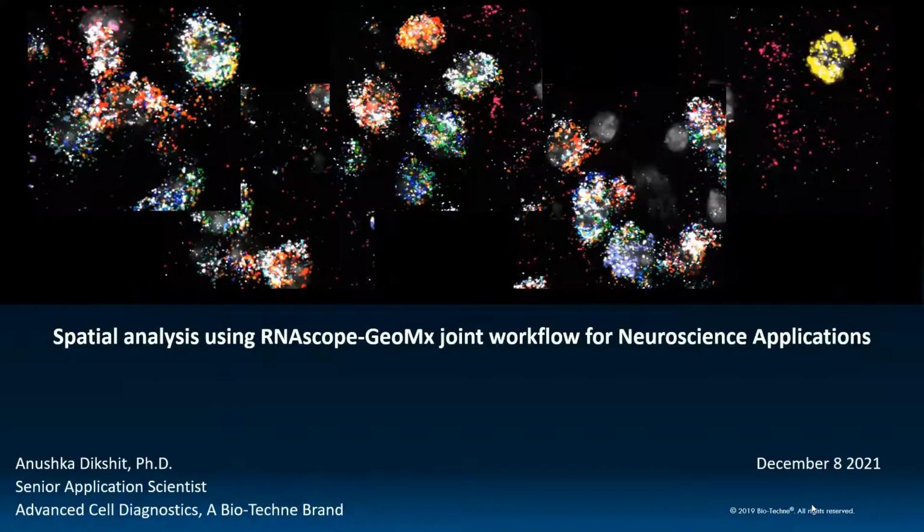Following that, I'll also talk about an example of how the RNAscope GeoMx DSP joint workflow has enabled looking at specific subpopulations of neuronal cells in different regions of the brain.